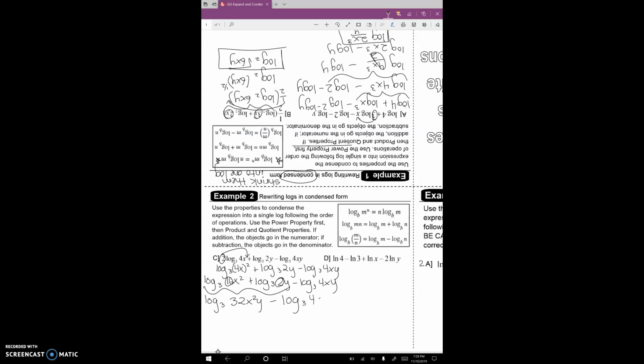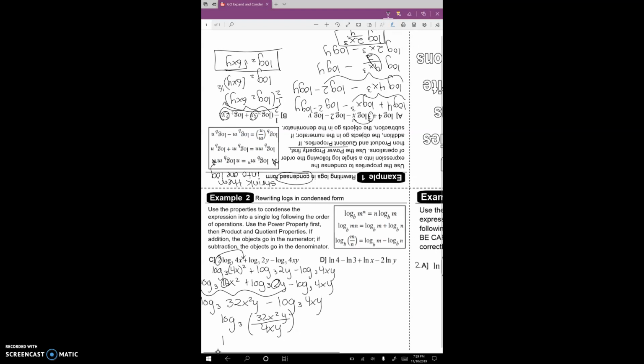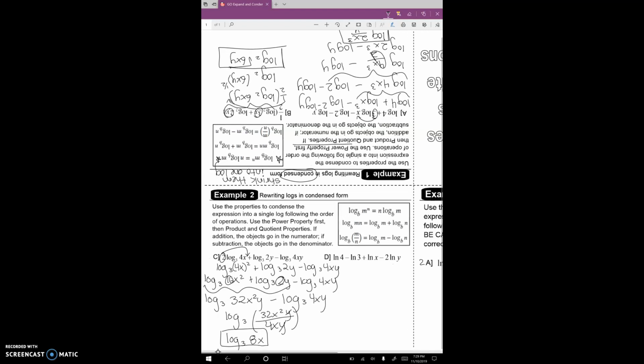Then I am going to turn the subtraction into division. So then I have all over 4xy. I can simplify that. That becomes 8x because the y's cancel. And that's my answer for C.